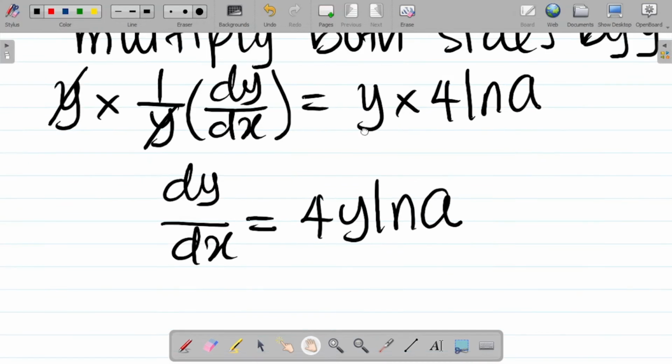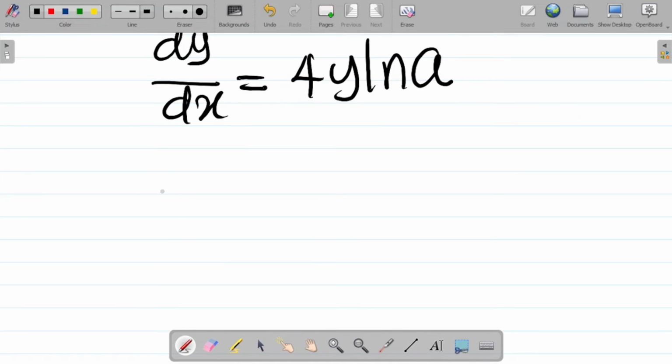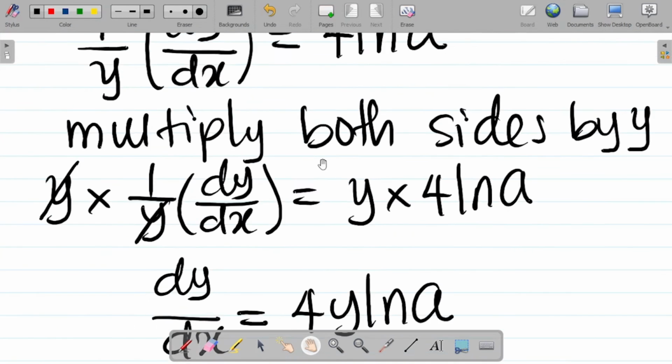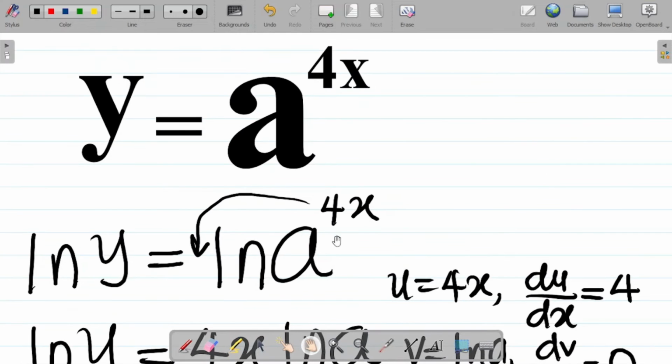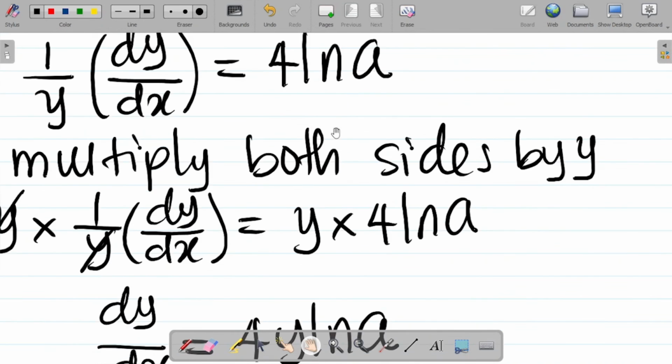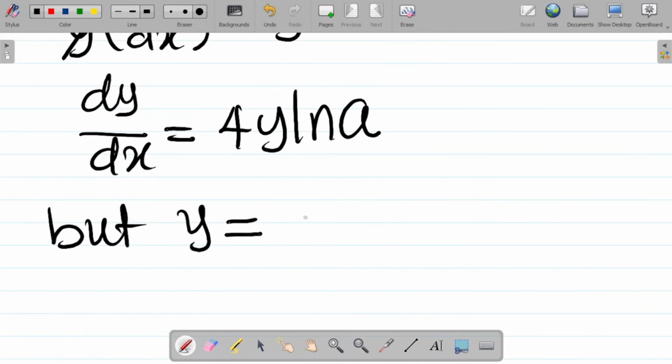Your final task is to bring back the value of y. If I go back to my question, they give us y as a to the power 4x. So but y is equal to a to the power 4x.